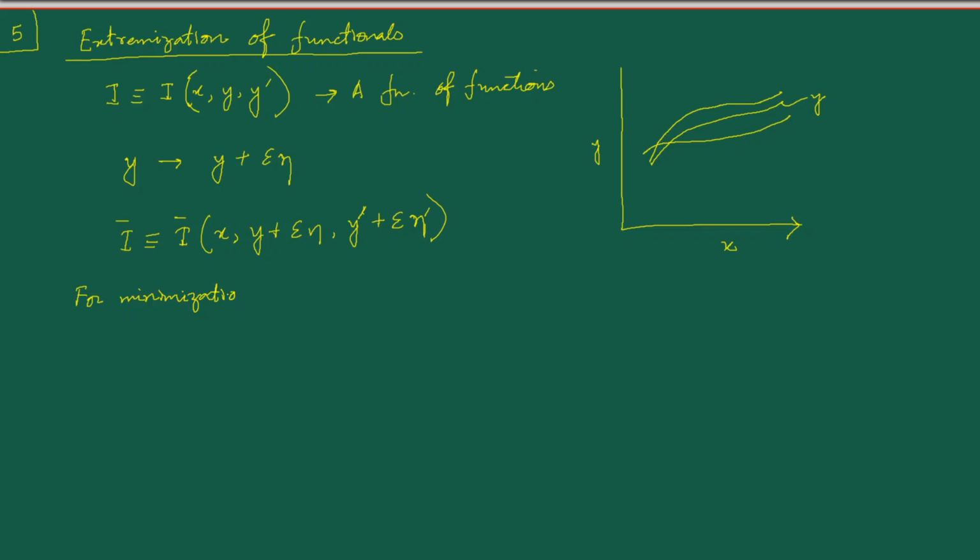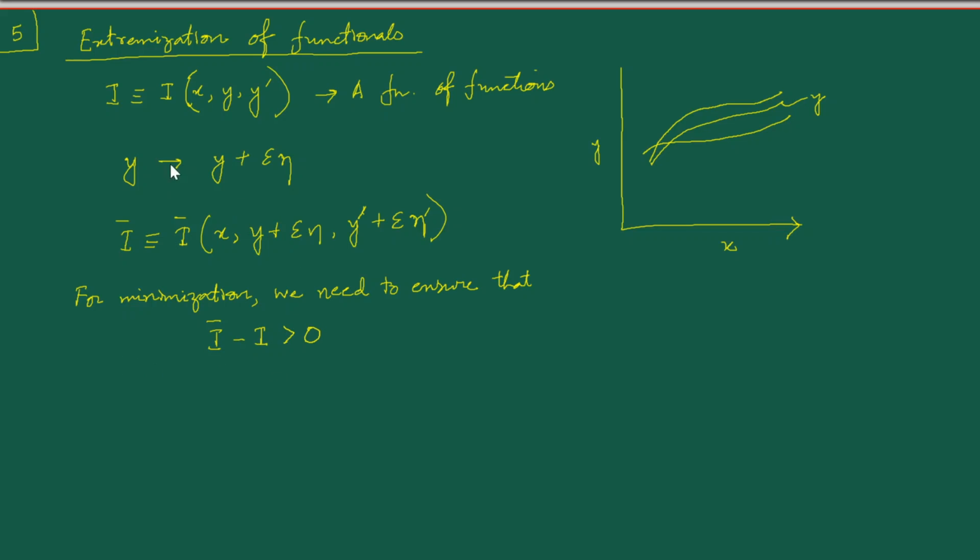For minimization, we need to ensure that I bar minus I must be greater than 0.